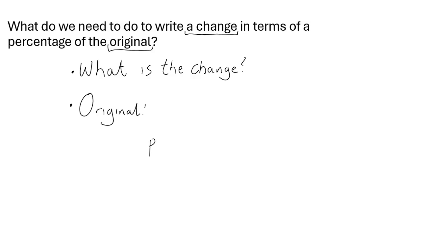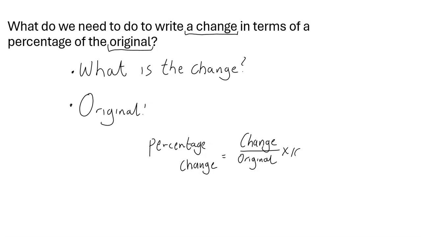And in order to get the percentage change, when I know these two bits of information, what I'll do is I'll take the amount it's changed by, I'll divide it by the original, and then I'll multiply that by 100 to make it a percentage.